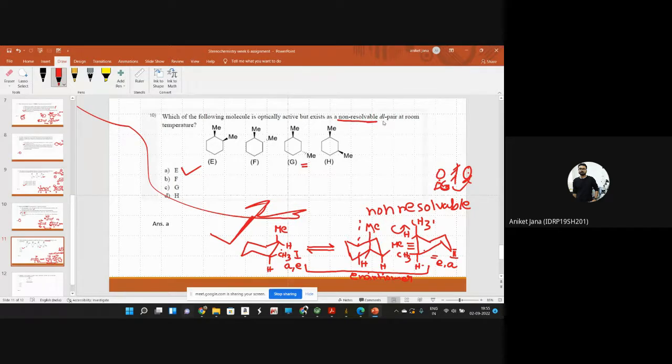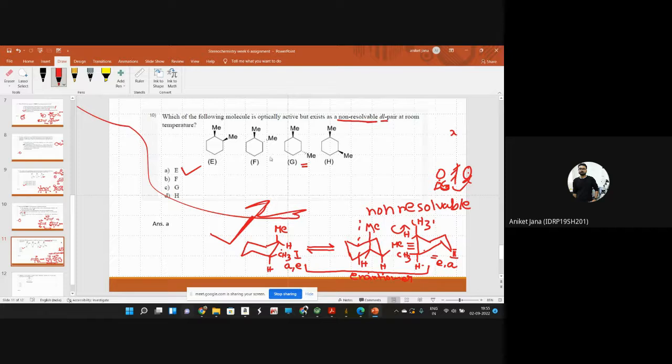So according to you, G will also have an enantiomeric pair? Yes, it also exists as an enantiomeric pair. Then what is the difference between these two? This one also exists as an enantiomeric pair, but the term non-resolvable is also there. Usually enantiomers are resolvable, right? If there is a racemic mixture, there is some separating agent. If it is an acid, we can make a complex with a base to separate them.